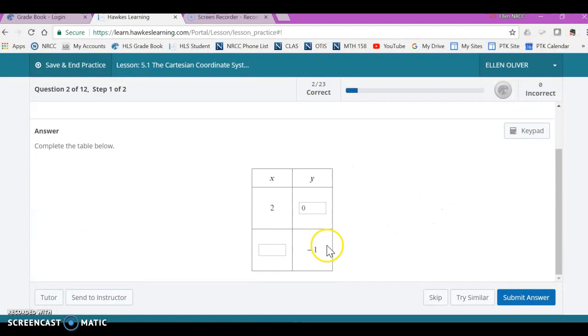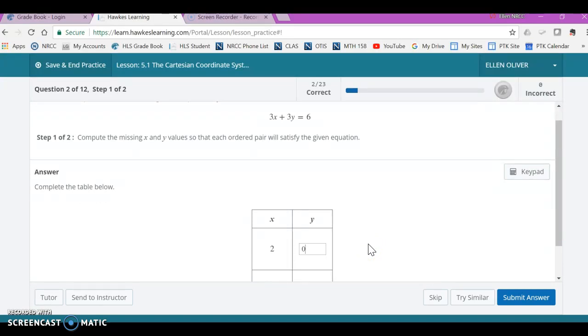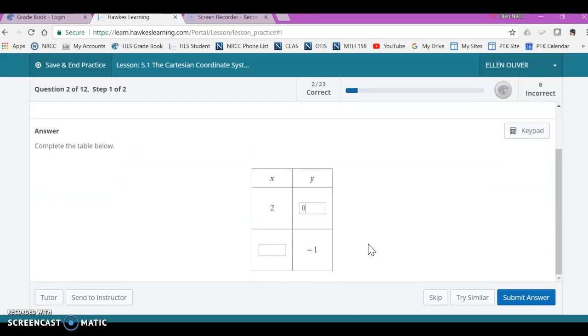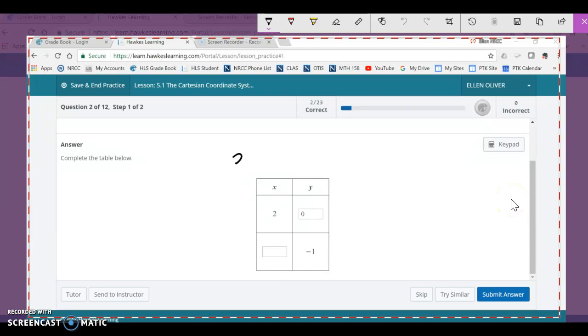The other one is plugging in y equals -1 into that equation and solving for x. So if y equals -1, 3x plus 3y equals 6. I'm going to plug in y equals -1, so I'm going to have 3x plus 3 times -1 equals 6.